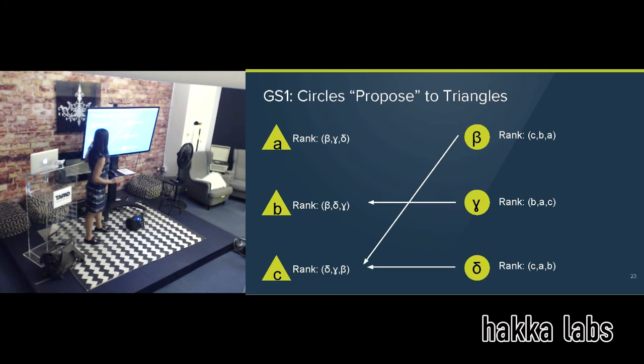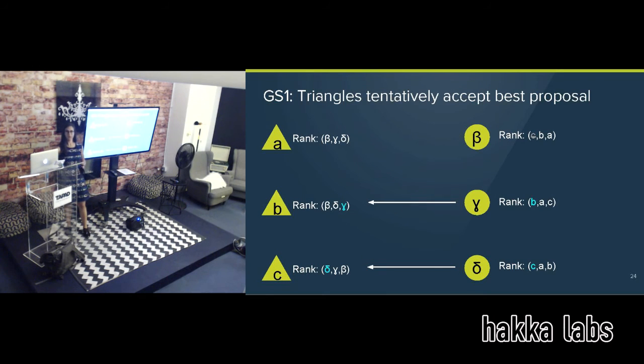This triangle here only got one proposal, so it's like, okay, well, what I got. It takes it even though it's its third rank. Whereas this triangle is in for a treat because it can pick. So it picks delta because that one is better. So unfortunately, A is still out in the cold, and beta is about to be rejected. Okay, so I got 2 out of 3.